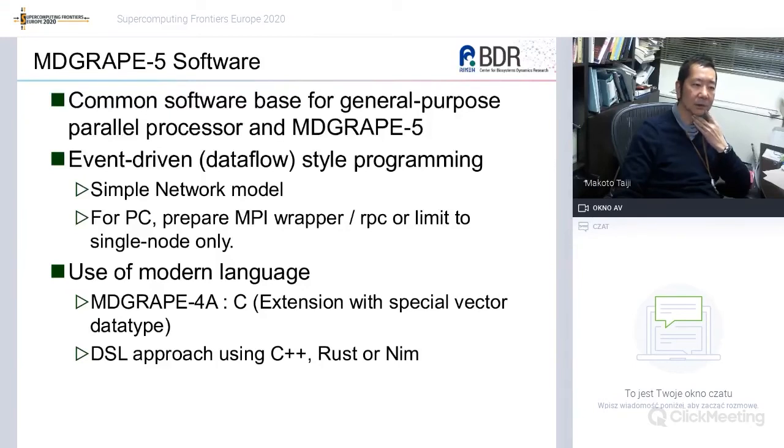For the software part, our current problem is that the software base for the general purpose processor and MDGRAPE is different. So we would like to make a common software base. Even for conventional PC clusters, we can use event-driven data flow style programming, with some simple network models, or maybe some wrappers or RPCs.